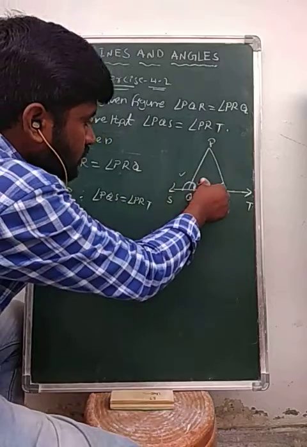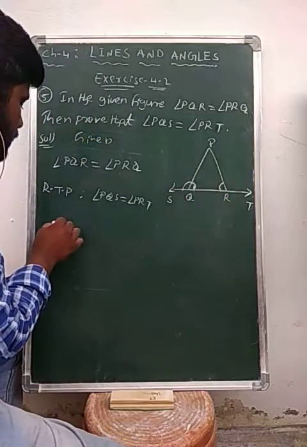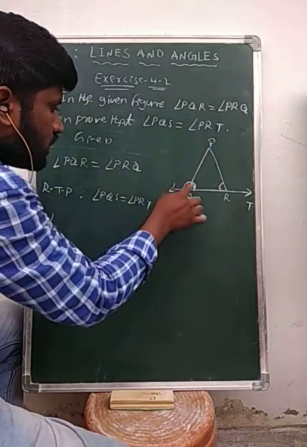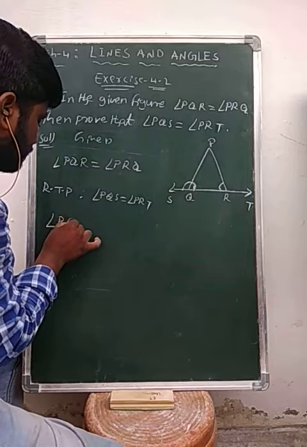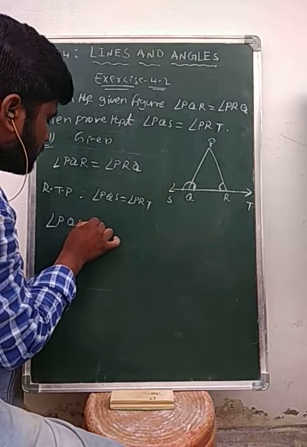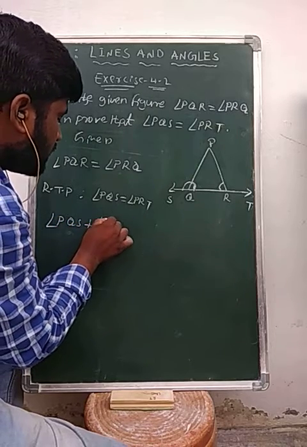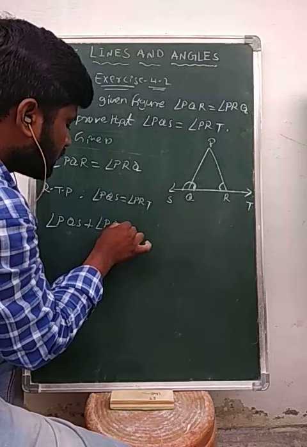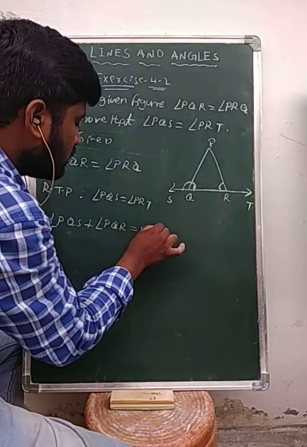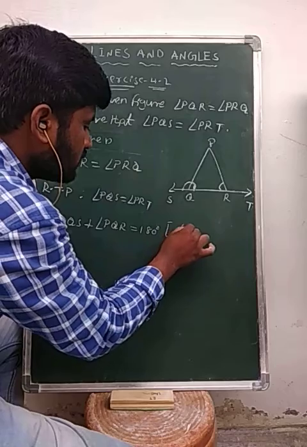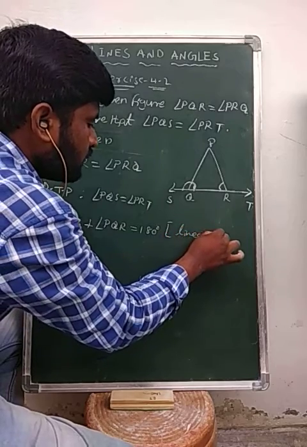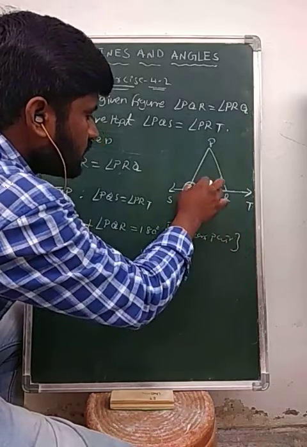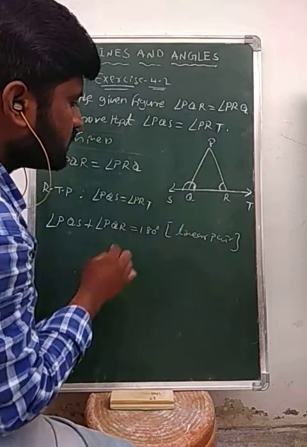Yes or no? So that's why angle PQS plus angle PQR is equal to 180 degrees, that is a linear pair. Now these two are adjacent angles, the sum is 180 degrees.